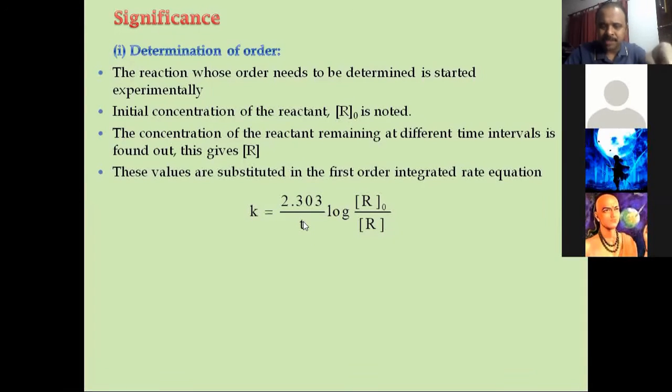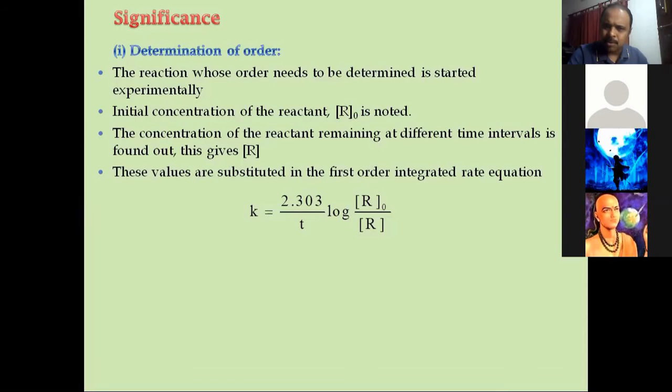If the reaction is a first order reaction, then the reaction must obey this equation. What do we mean by following or obeying this equation? It would have to give the same constant value of K at different time intervals. That is the meaning of this equation, right?